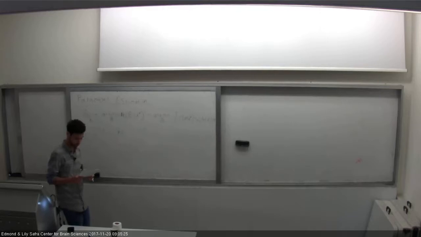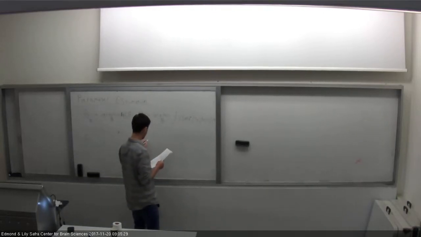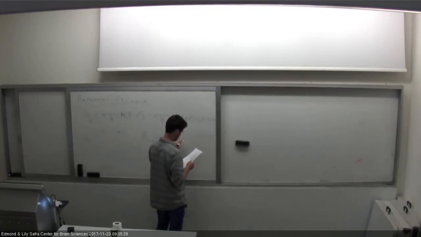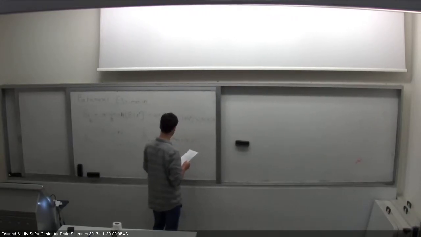Right, exactly. So we get the MAP estimator, which is equal to the arg max of the posterior. Okay?